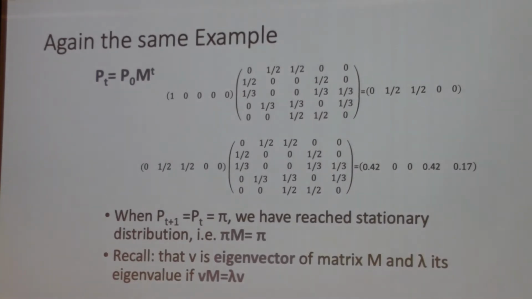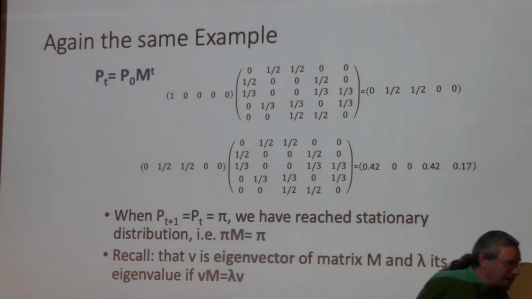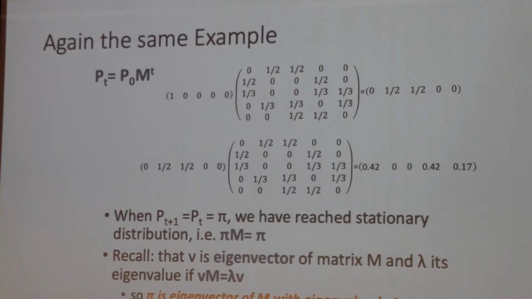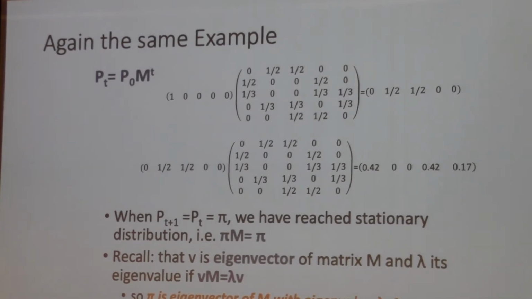So it's a special vector for that matrix. And lambda is a special value called the eigenvalue. So pi is an eigenvector of M with eigenvalue equal to 1. That's the convergence of the random walk. That's pretty straightforward, right?